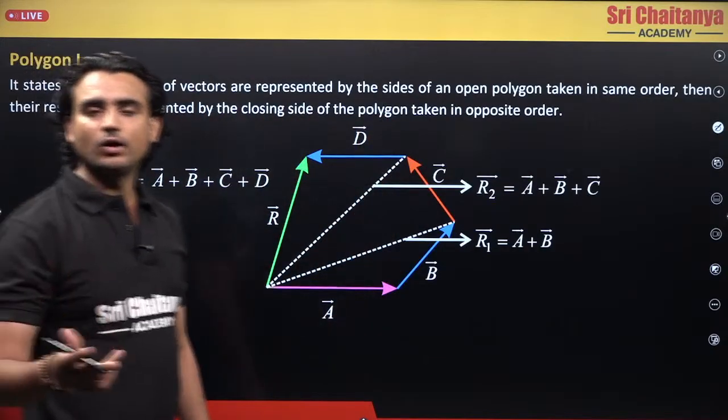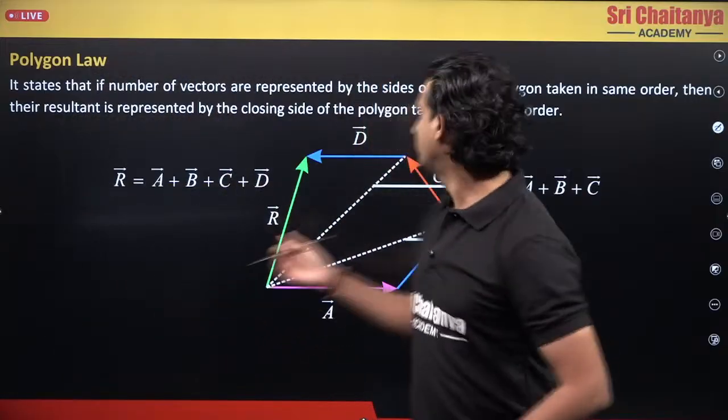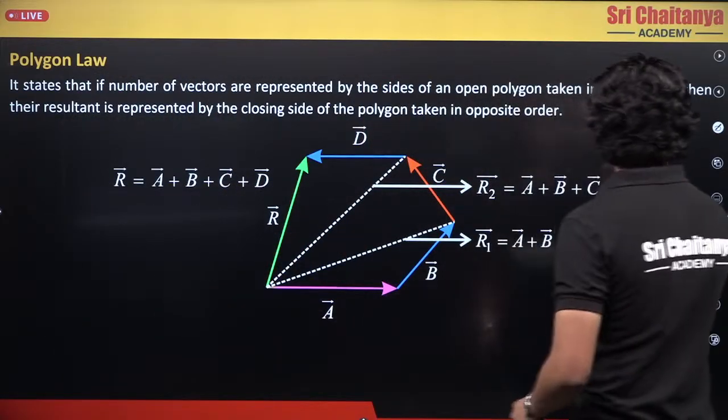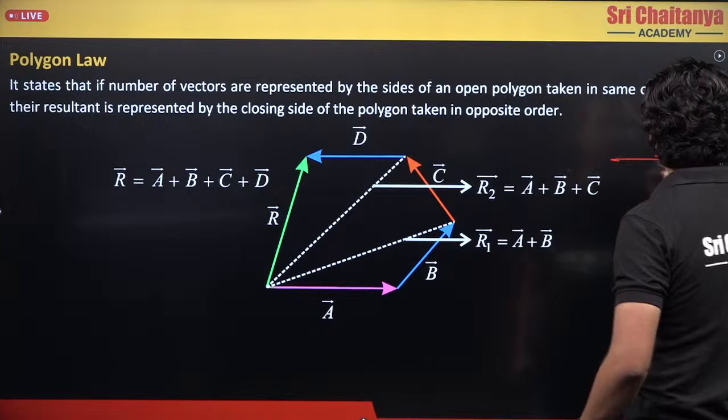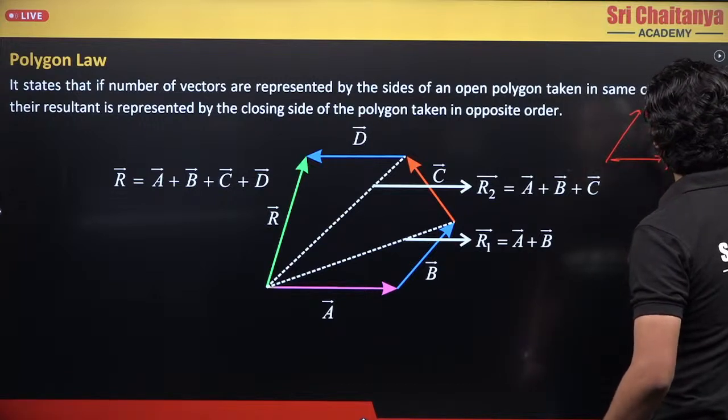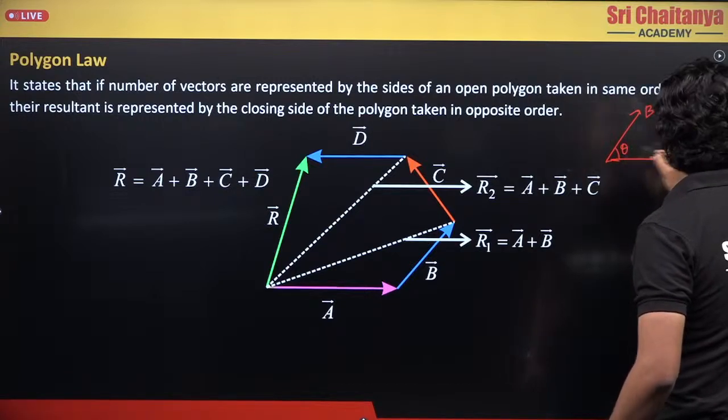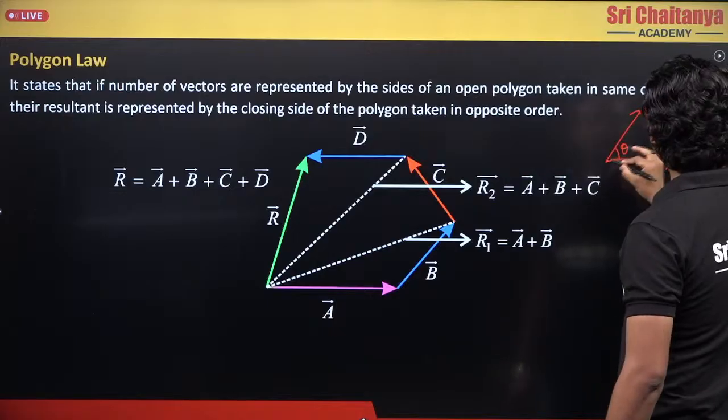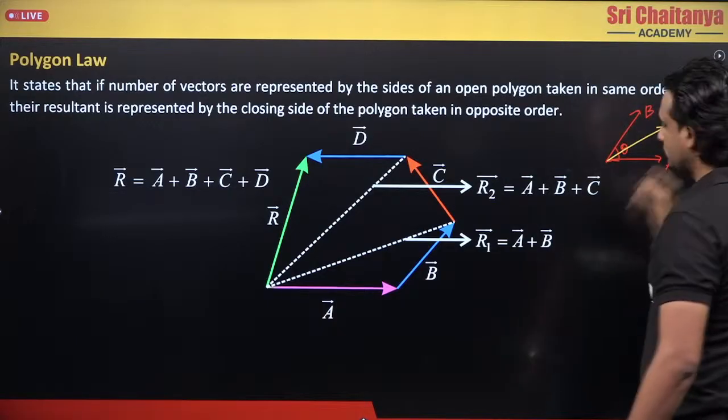In the triangle law, what do we have? We have two vectors. If I have vector A and another vector B, and theta is the angle between them, then the resultant R is here.